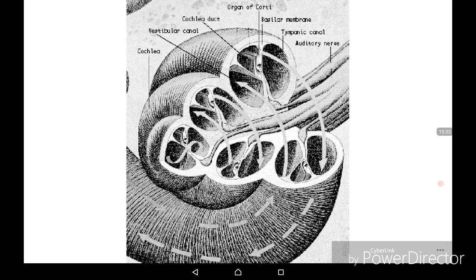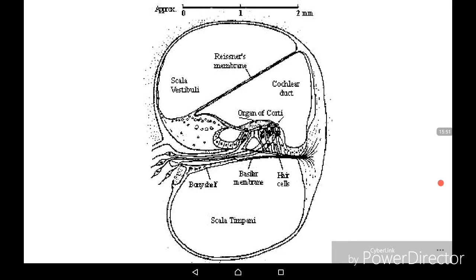So again here, we have the tympanic canal, the vestibular canal, and the cochlear duct. And here we have the organ of Corti on the basilar membrane.